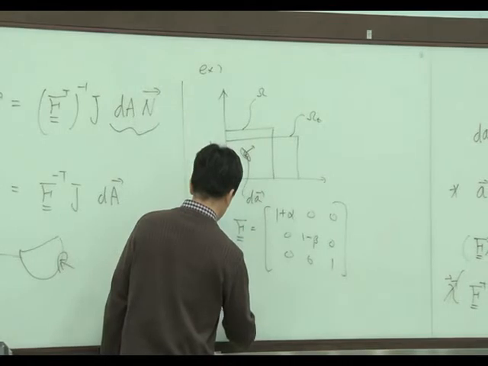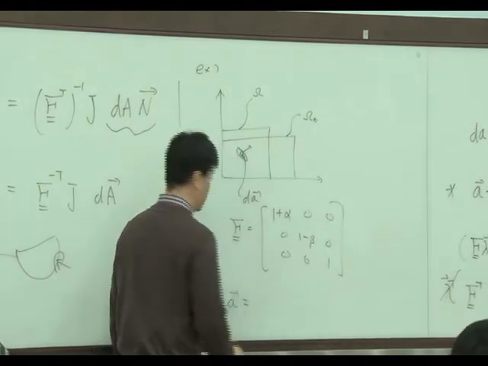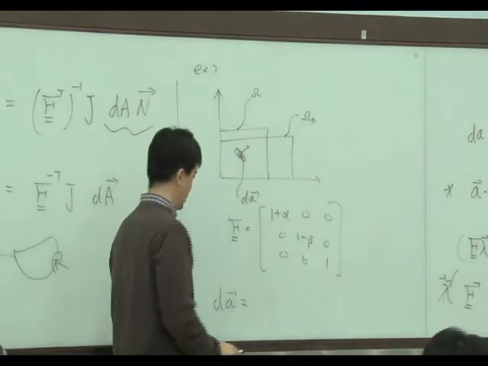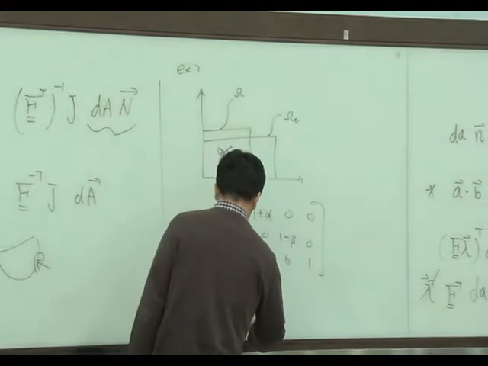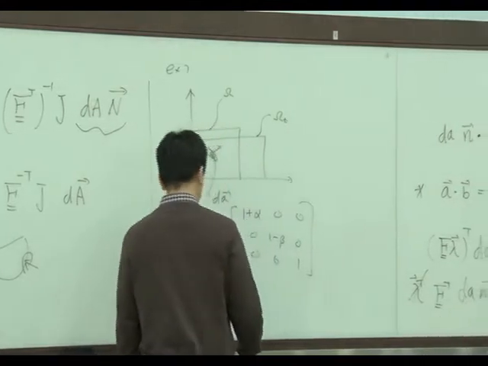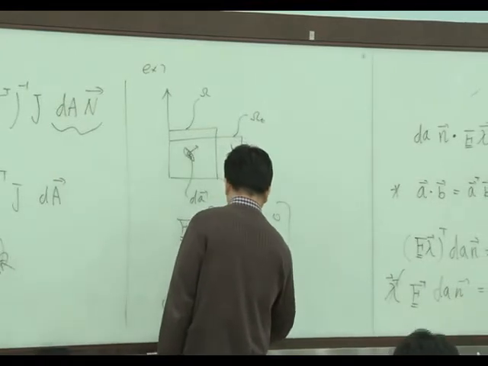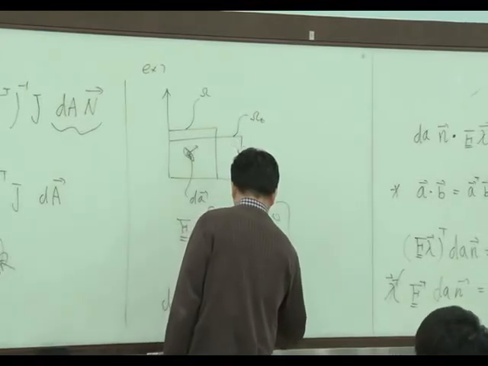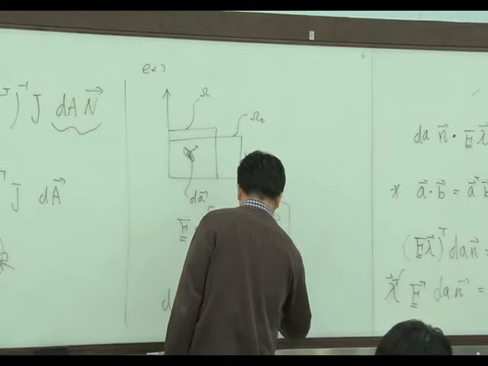Initially, dA equals a very small area, dA, and direction vector n. And let's say direction vector n equals 1 over square root 2, 1, 1, 0.